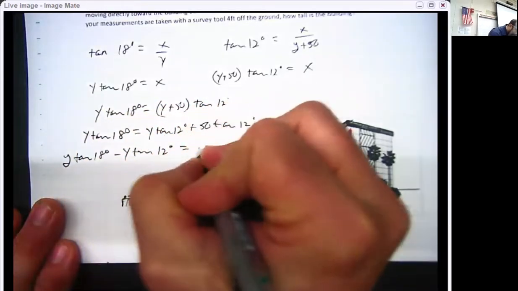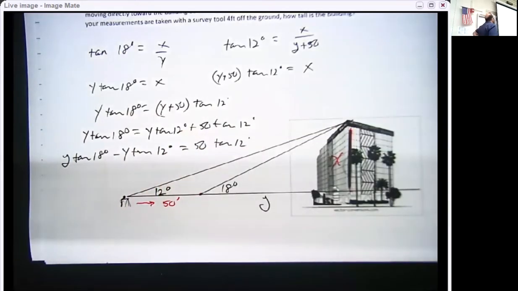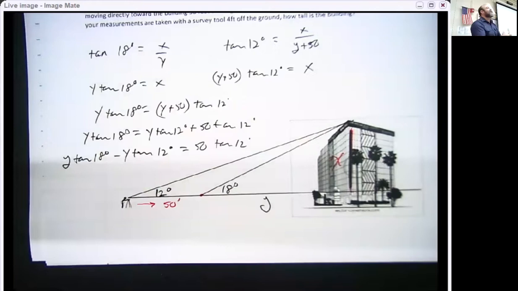I don't think any one particular part of this problem was that hard. It's just the sum total adds up to a bit. What do you notice these both have in common by design? They have a y. And anytime things have something in common, that means we can factor that.